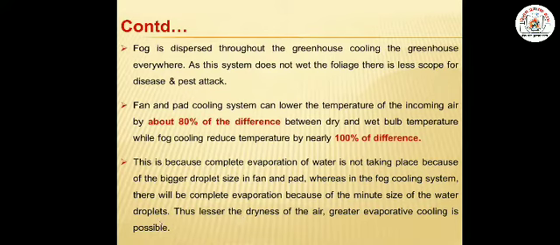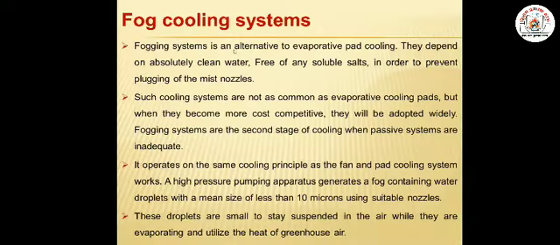So in this way, in short, we have seen about the fog cooling system. It works on the same principle of evaporative cooling effect. Very fine particles of the fog get evaporated very quickly inside the hot air inside a greenhouse structure, so there is a sudden fall in the temperature.